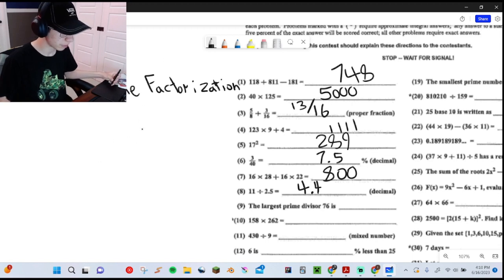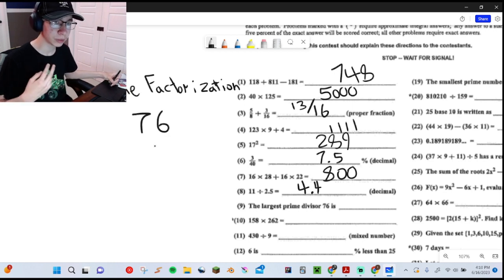So how do we do the prime factorization? We have 76 here. You want to start with two numbers that you know multiply to 76. I know that, for example, 4 is a factor of 76, meaning that 76 divided by 4, so 19, is another factor of 76.